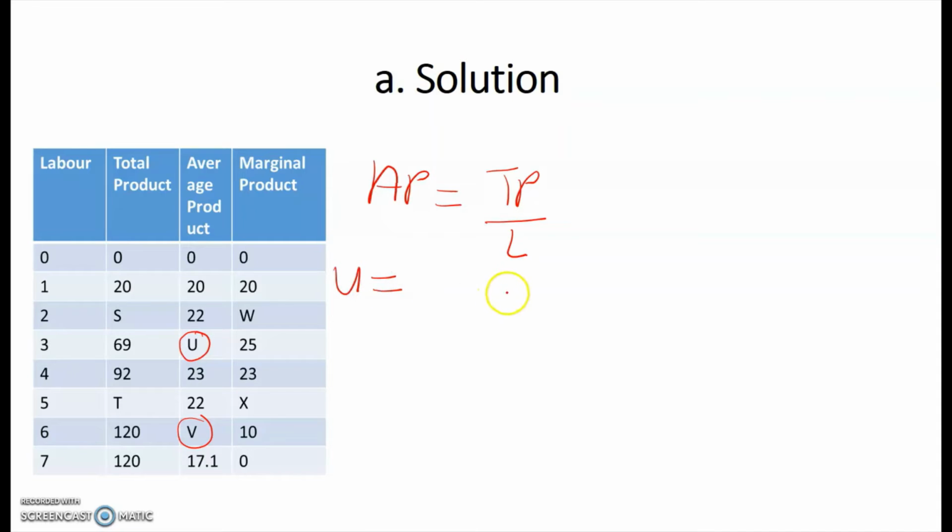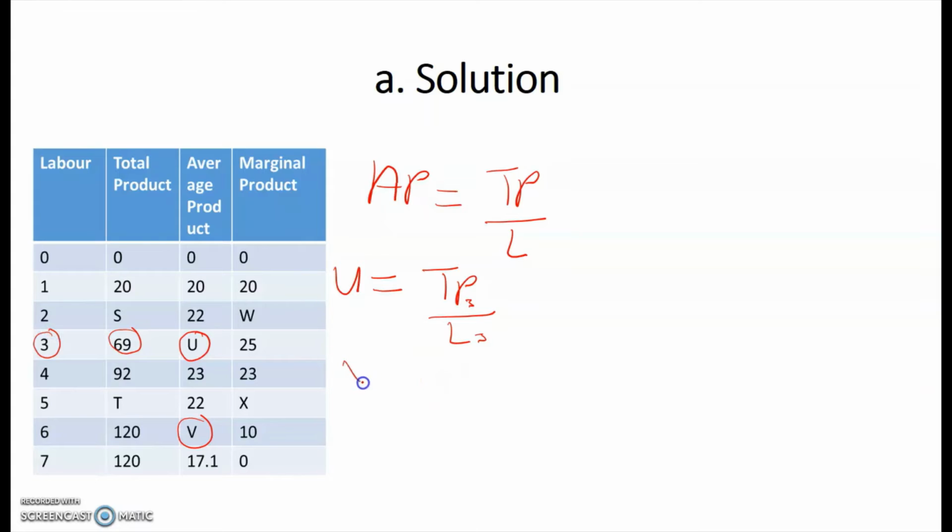Now let's calculate that of U. U will be equal to total product at the third unit over labor for the third unit. Now realize that for the third unit, the total product is 69, and that of labor is 3.